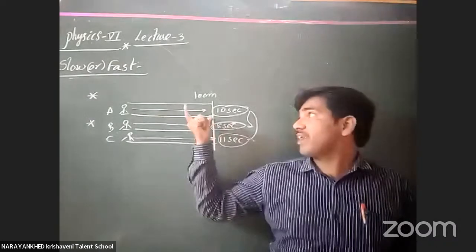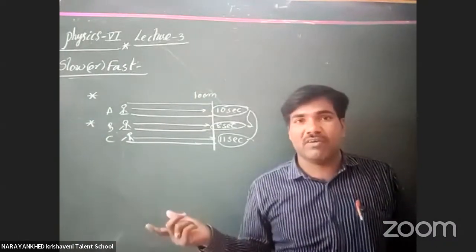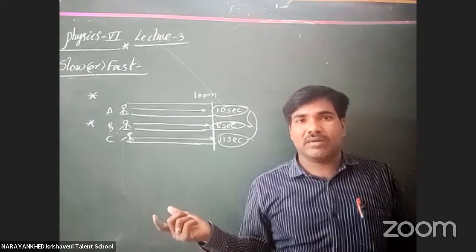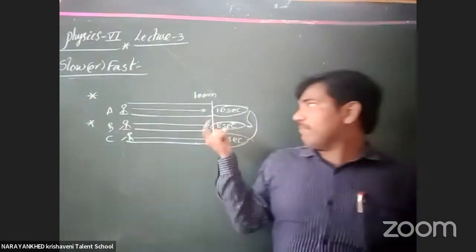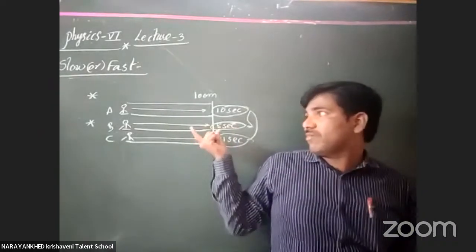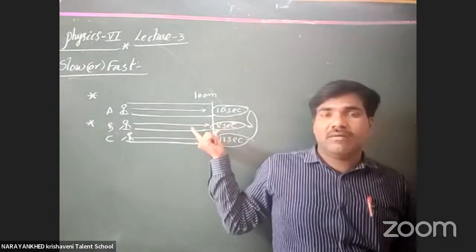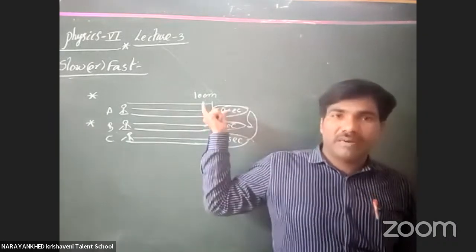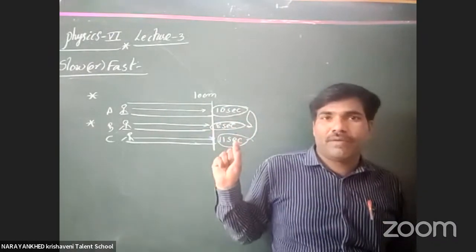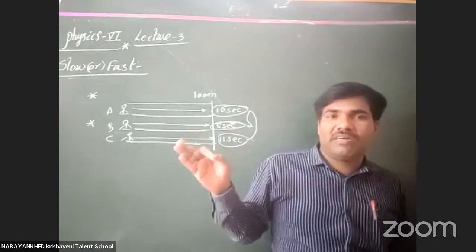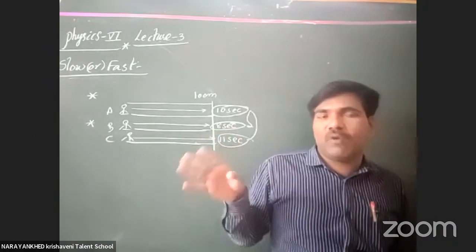How much distance did he travel? 100 meters. Okay, got it? B did not take much time compared with A. So the traveling distance and time play the main role.